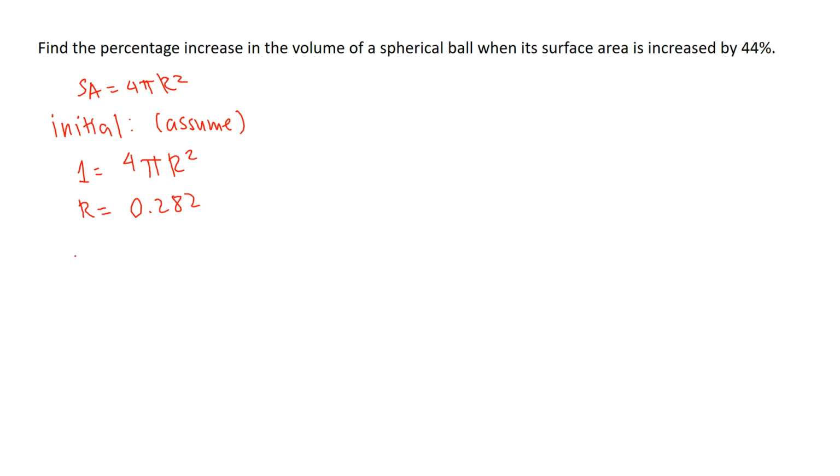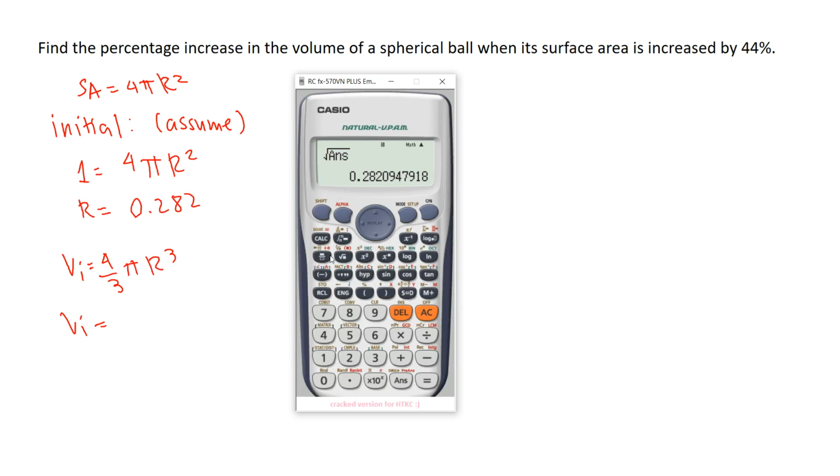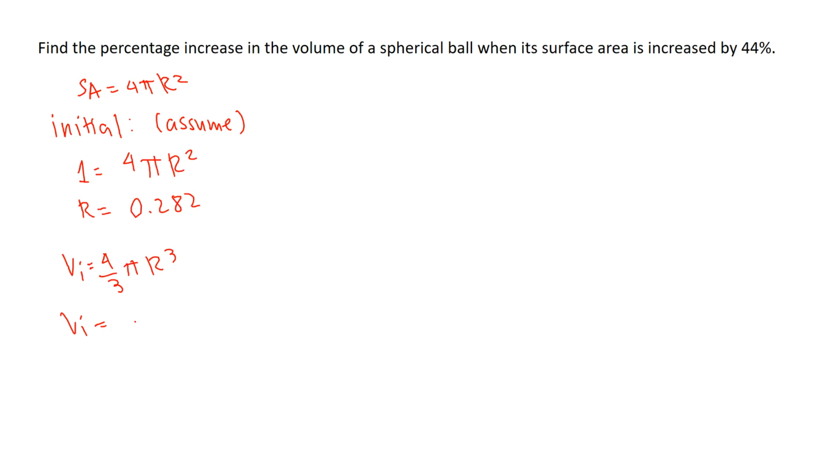So what is my volume when my radius is that? It's 4/3 pi r cubed, right? So what volume do we get, class? 4/3 pi times 0.282 cubed. So my initial volume is 0.094.